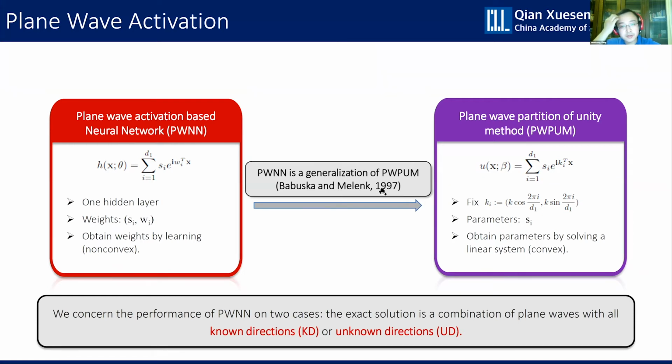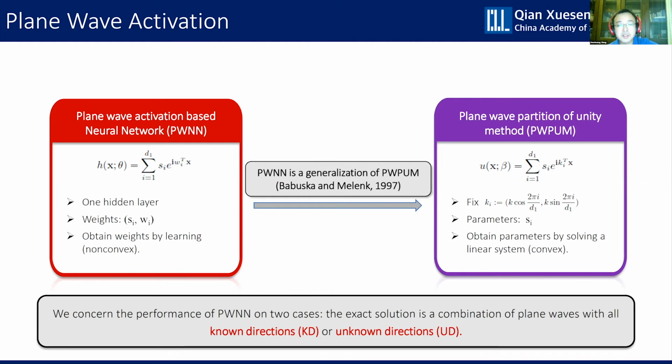That's very interesting: our method is a generalization of the classical method for the Helmholtz problem. The main difference is that we need to learn the basis, but in the PWPM, the bases are fixed.